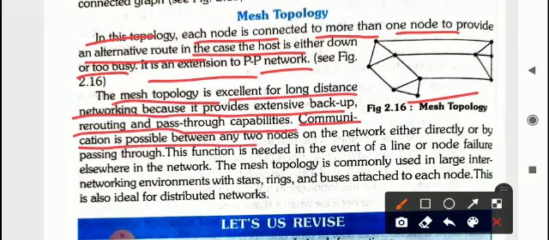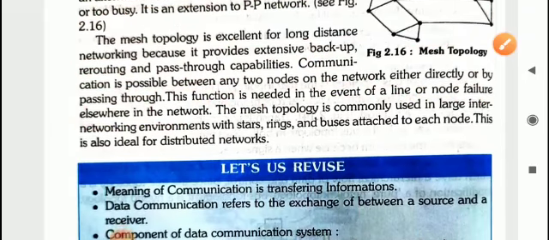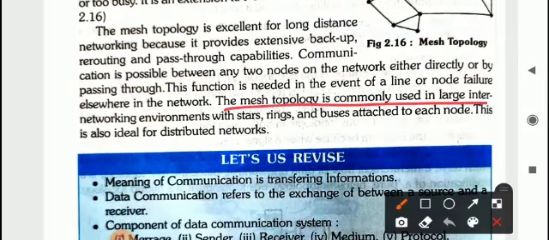Communication is possible between any two nodes on the network either directly or by passing through. This function is needed in the event of a line or node failure elsewhere in the network. The mesh topology is commonly used in large networking environments with stars, rings, buses attached to each node.